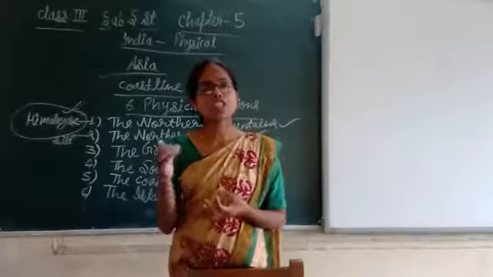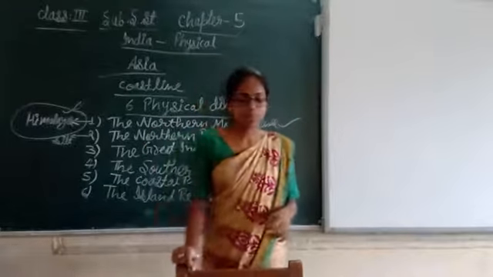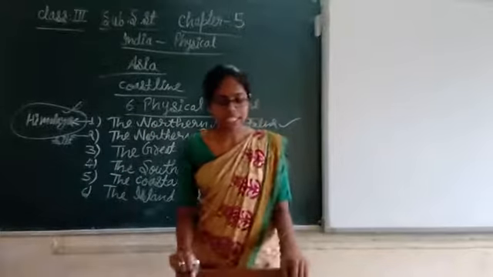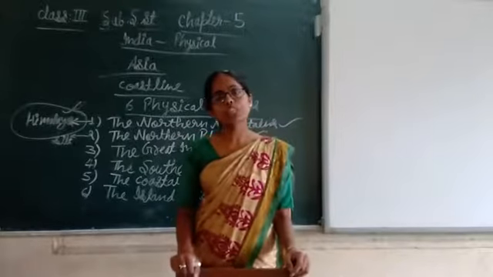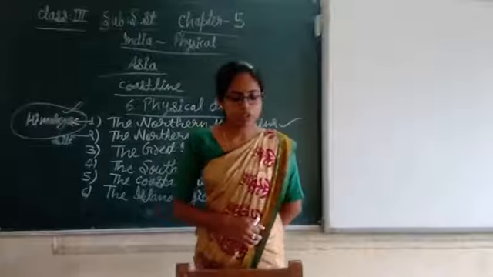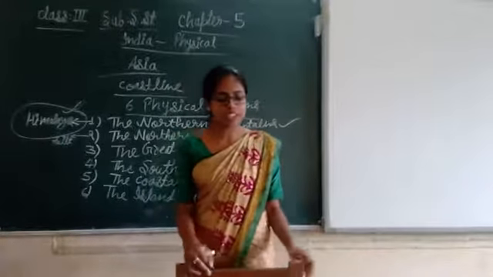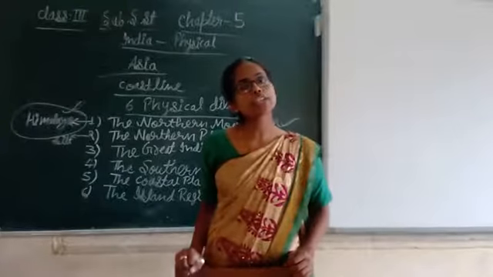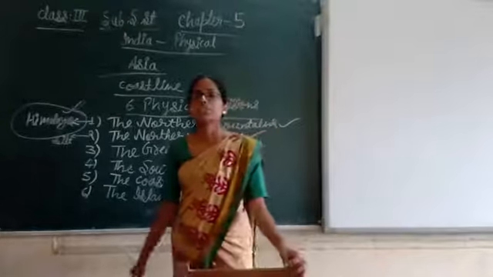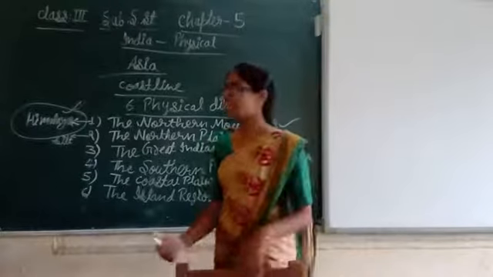The land on which seeds of different varieties can be grown. As a result, plenty of crops are grown here because the soil is very fertile. The climate is cold during the winters and hot during the summers.